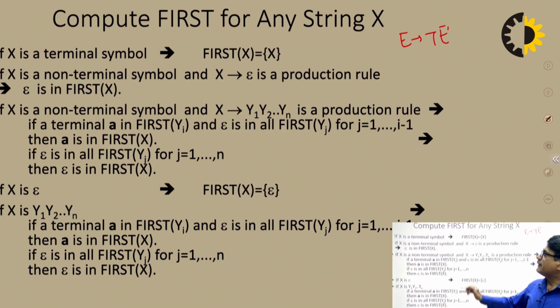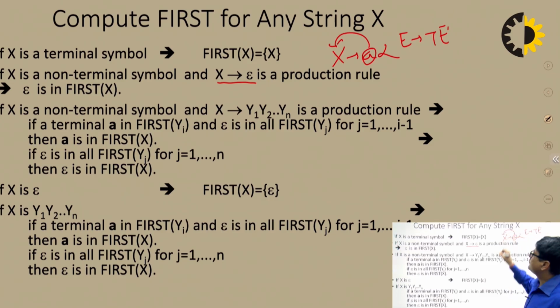If capital X is a non-terminal and X produces epsilon, so the right hand side will be epsilon, then epsilon will be added in the first of X. Another rule: if X produces small a alpha, then small a is added into the first of X. This is also one rule.